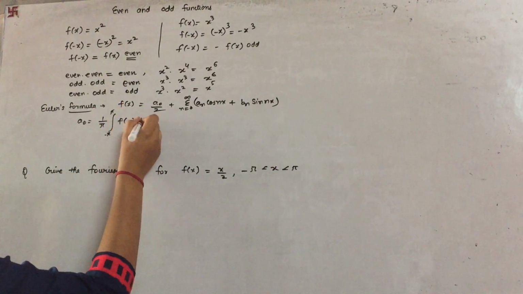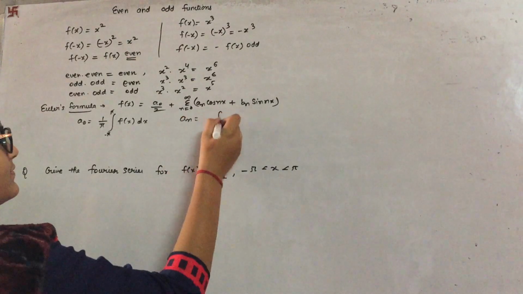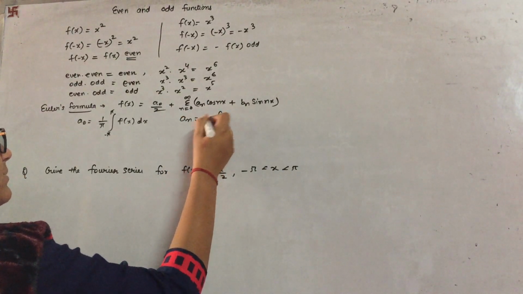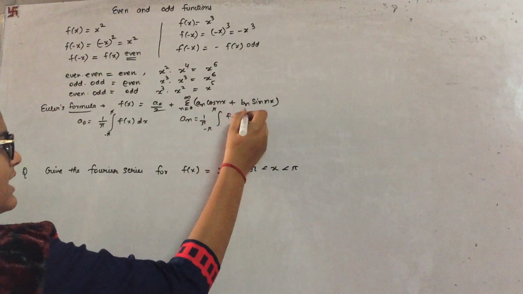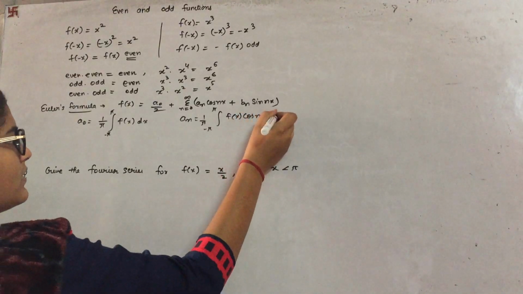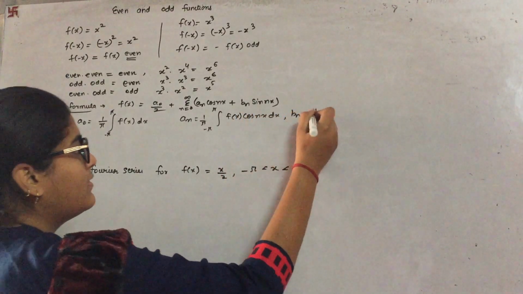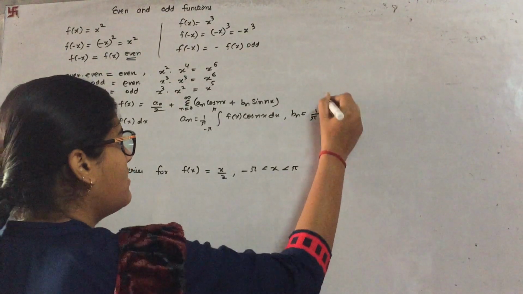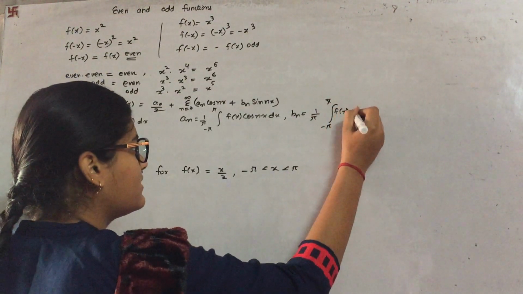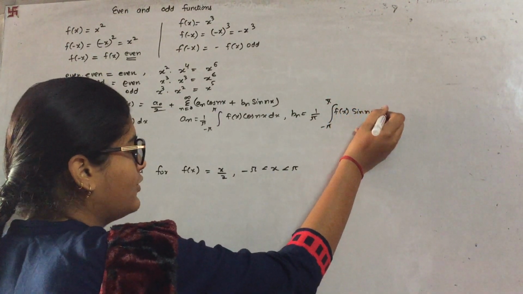Your an is 1 by pi integral of f(x) cos nx, and your bn is 1 by pi integral of f(x) sin nx. Isn't it? Yes, of course.